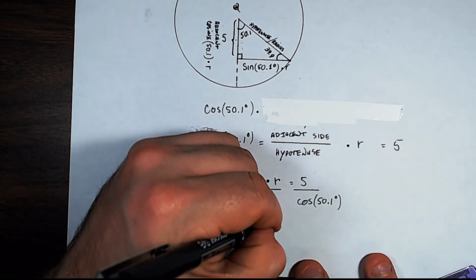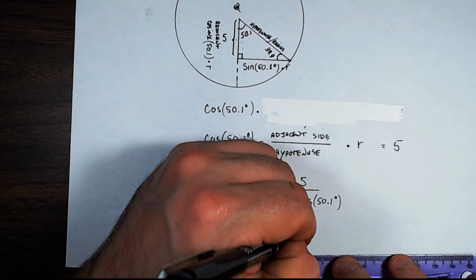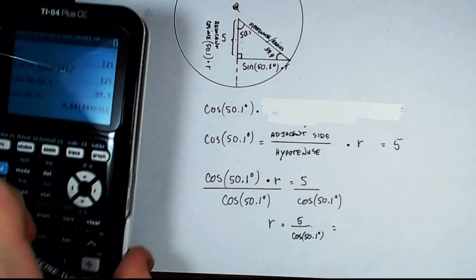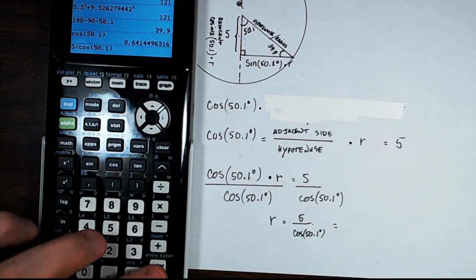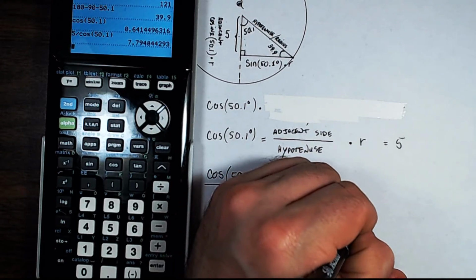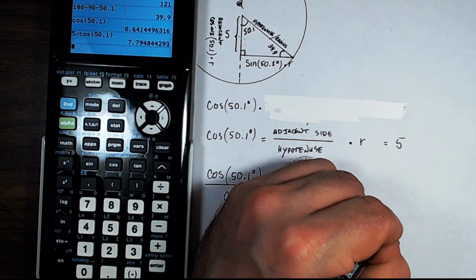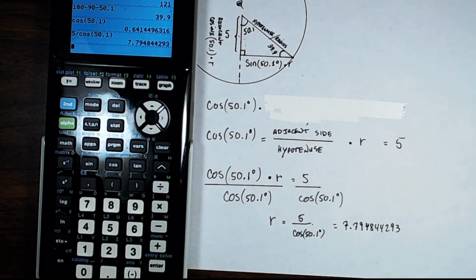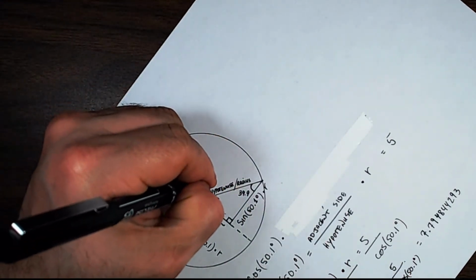And then I'll have the radius equal to 5 divided by the cosine of 50.1 degrees. Okay, let's actually compute that. So 5 divided by cosine of 50.1 equals 7.79. Okay. That is what the hypotenuse is.